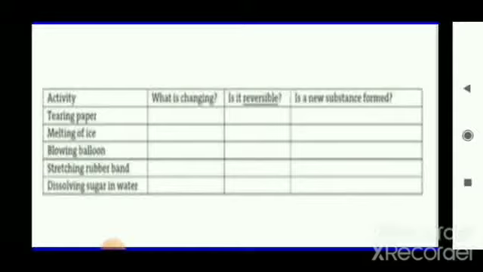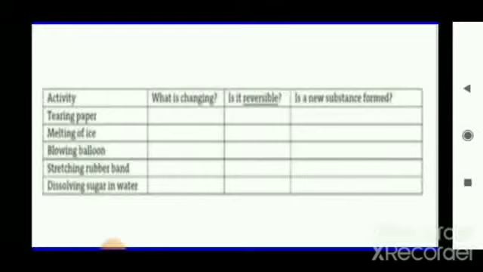If we stretch the rubber band and we leave it, the rubber band comes to its original shape, right? This is a reversible process. Okay. But when we are tearing the paper, it doesn't come back to the original shape, right? That's why it is an irreversible process.